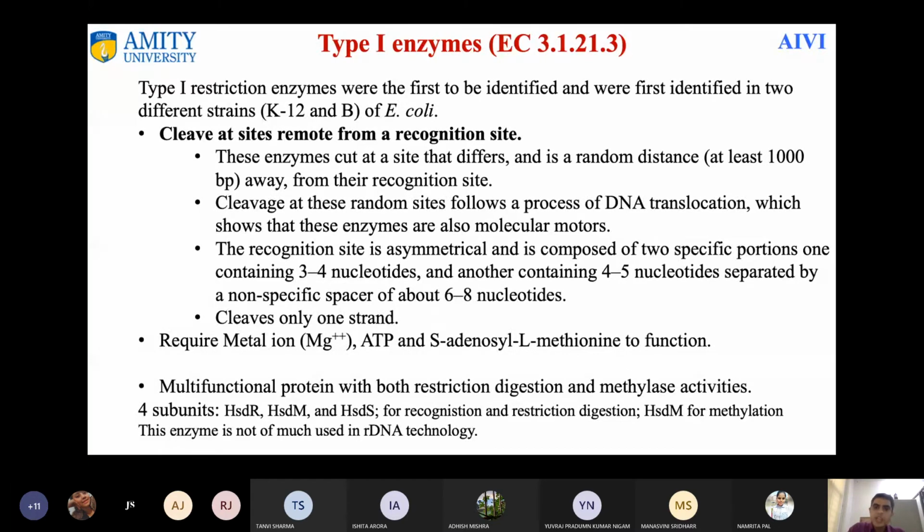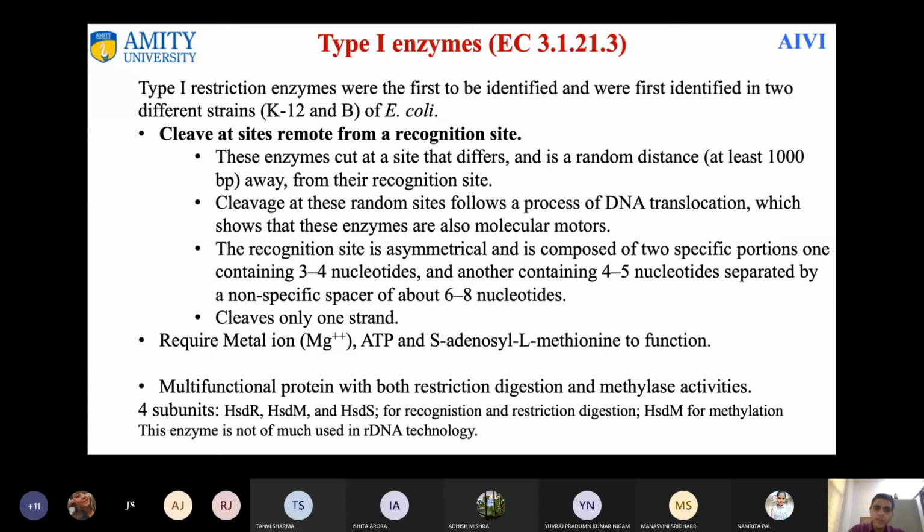This means they are multifunctional; one type 1 enzyme does more than one function. There are 2 types of function for restriction systems: restriction and modification. Type 1 enzymes do both, methylation and restriction.